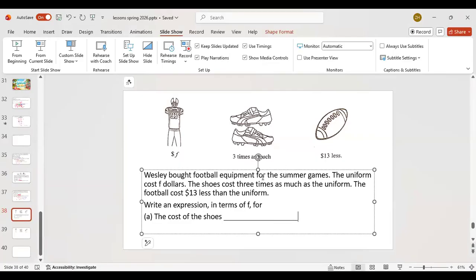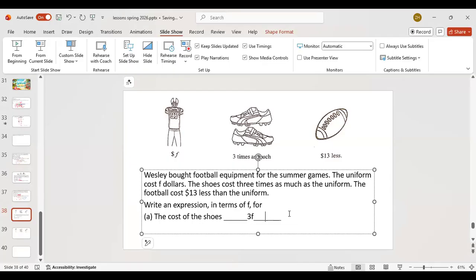We are writing this, right? The shoes cost 3 times as much as the uniform. So how much is the shoes? 3F. Very good.